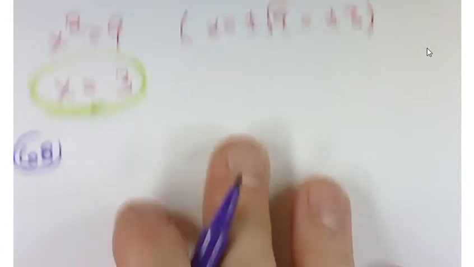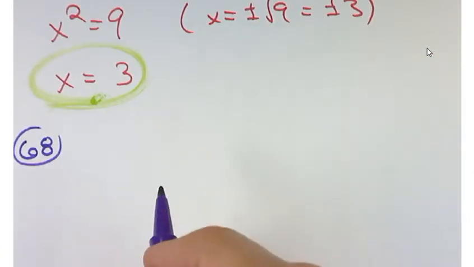Let's try problem 68. You know what? Actually, there's one I think I want to do before we do 68. Let me see if I can't find it. We will get around to doing problem 68. Let me just look for, I think it was 62. Yeah.